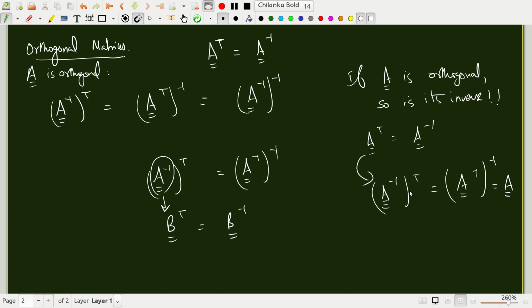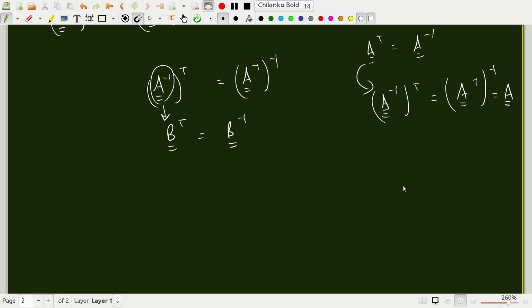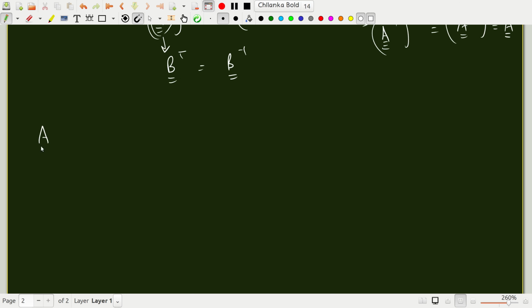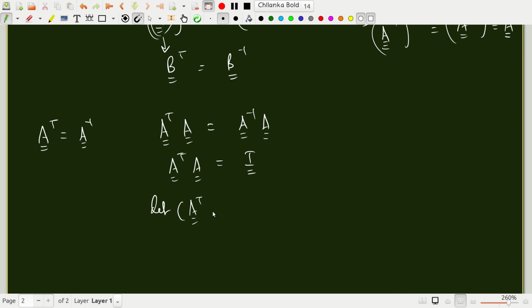Okay. Now, for orthogonal matrices, A transpose is A inverse. Or if I post multiply by A on both sides, A transpose A is equal to A inverse A, but A inverse A is I from the definition of inverse, so A transpose A is I. Suppose I consider the determinant of this product. The determinant of the identity matrix is 1, but the determinant of a product of two matrices is the product of the determinants.